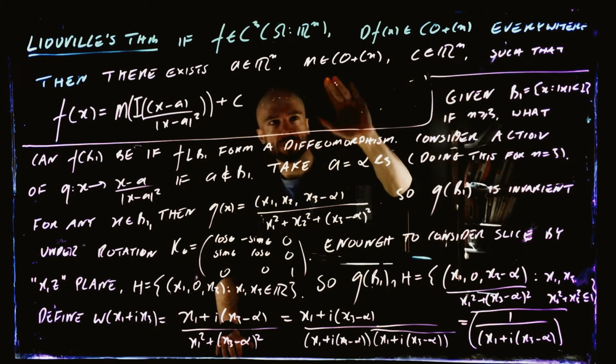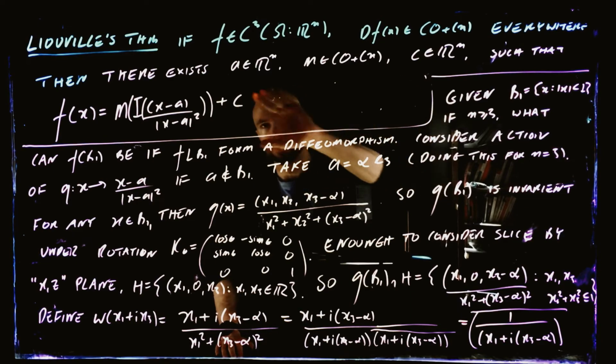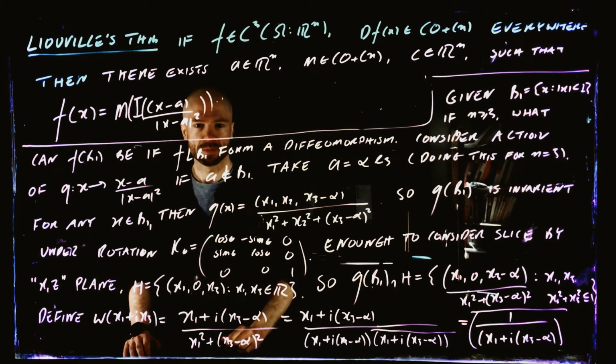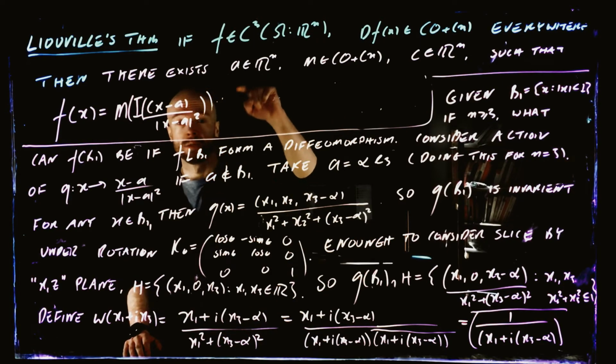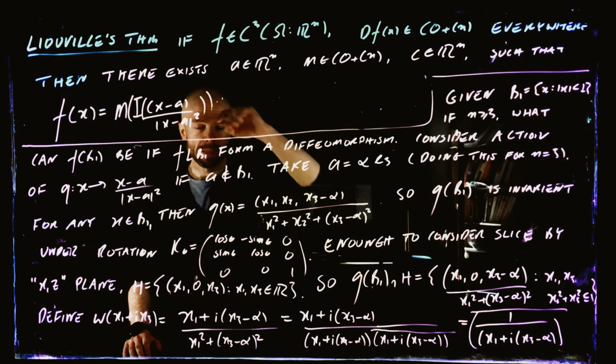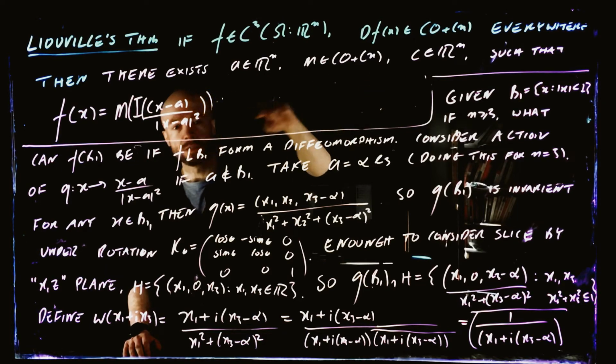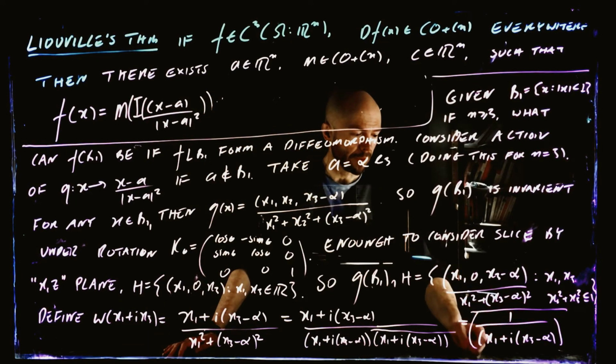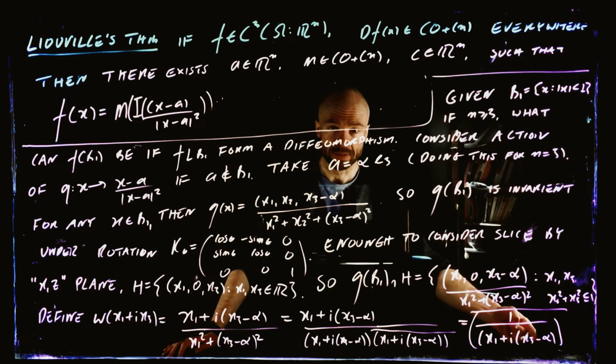Come on guys, some of you did complex analysis with me. What kind of mapping is that? Mobius map. It's just a Mobius map, right? It's a mapping of the form az plus b over cz plus d. In this case, on the top we just have a constant, on the bottom we have a complex number minus another complex number.